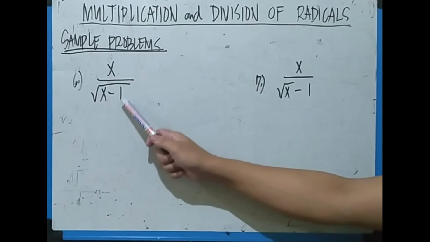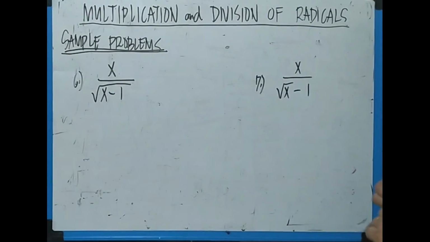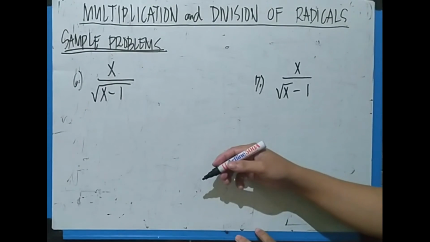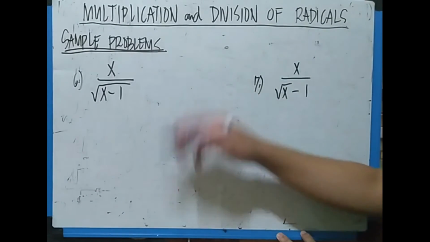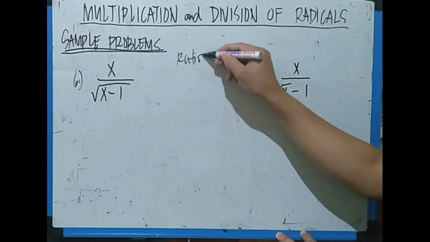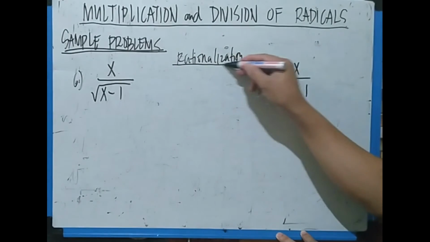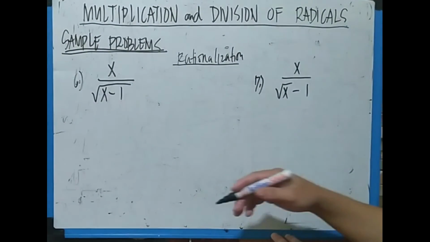Pag ganito ang problem ninyo guys, madali lang pong isolve. Kapag ganito pa ang problem, all you have to do is to rationalize. So ang process na gagamitin natin is rationalization. This is discussed in the previous video, guys.